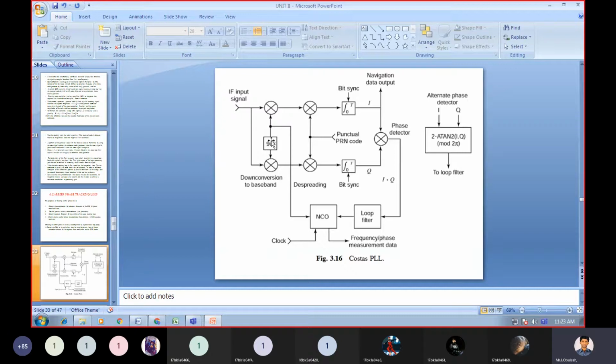See here we have five multipliers. Assume that this is the first one.